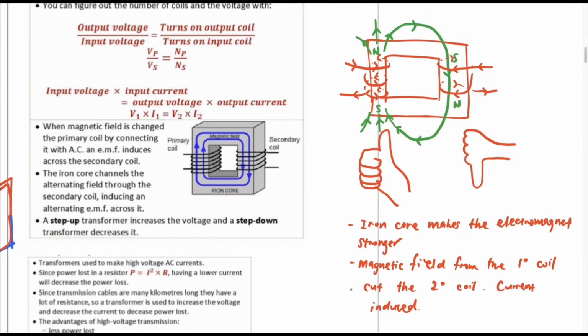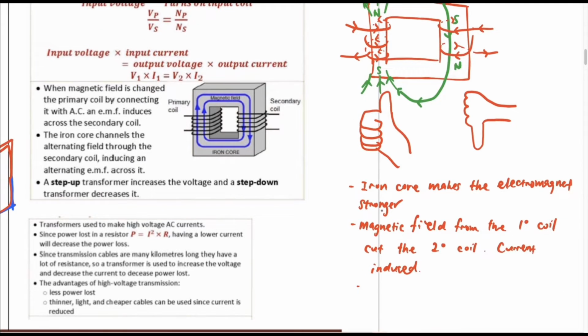So of course, after a while, the alternating current in the primary coil changes direction.